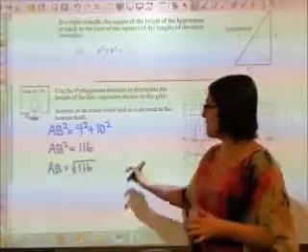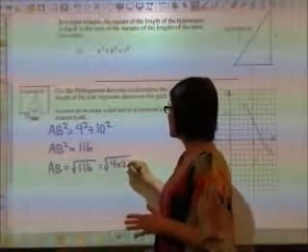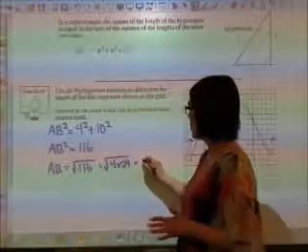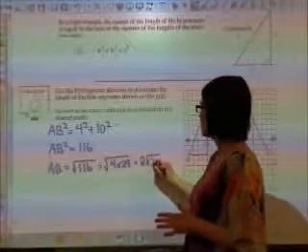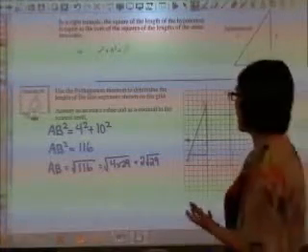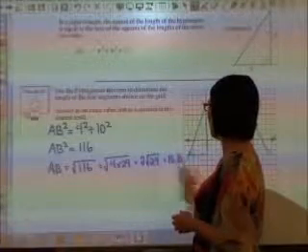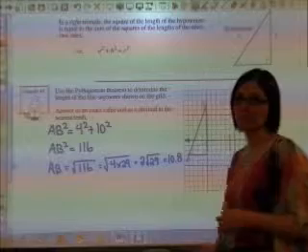And I can't. This is actually 4 times 29. The square root of 4 is 2, and I get 2 root 29. If I calculate that as a decimal, my decimal equals 10.8 to the nearest tenth.